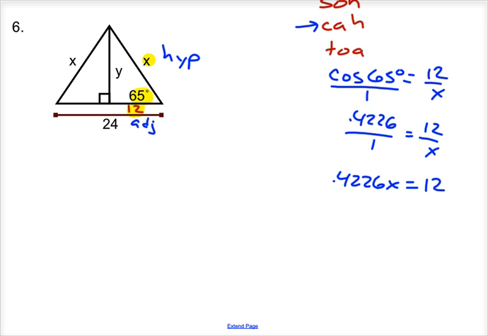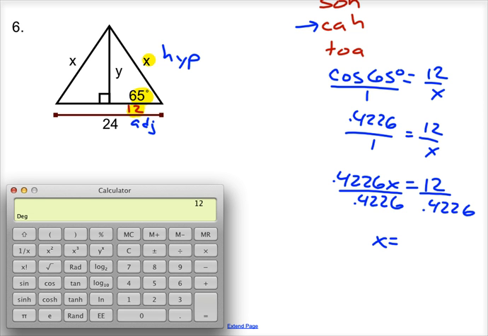Now just divide each side by 0.4226. And let's see what happens. So 12 divided by 0.4226. And if we are rounding off, looks like we should get 28.